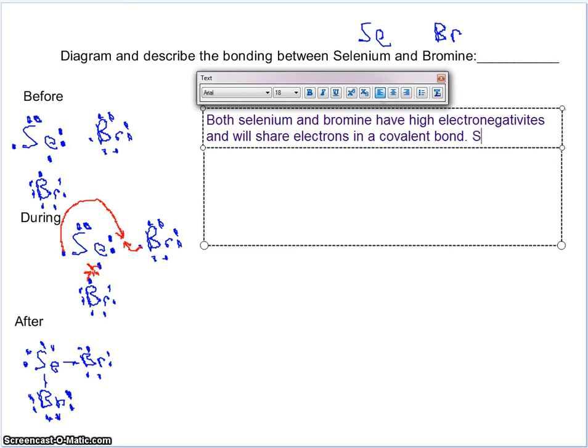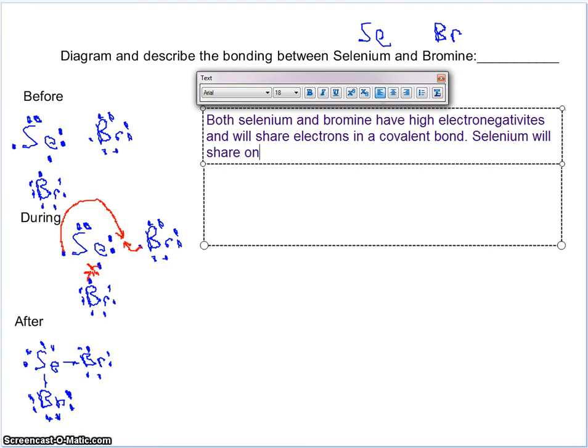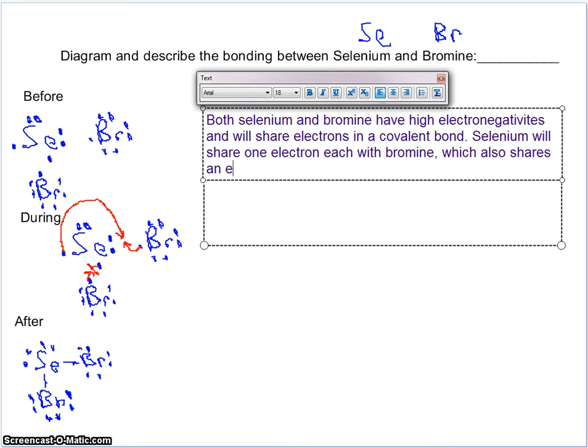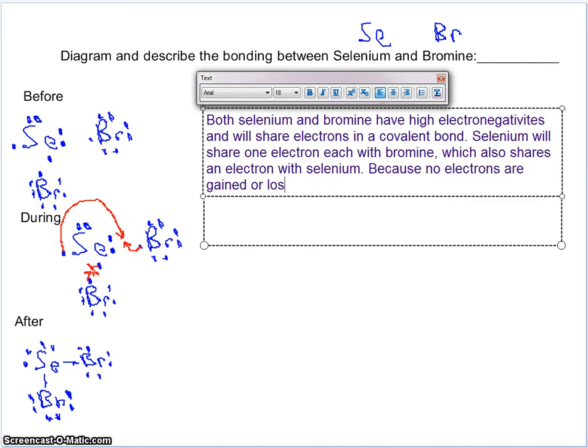We can say selenium will share 1 electron each with bromine, which also shares an electron with selenium. And we need to talk about the ions, right? Because no electrons are gained or lost, no ions are formed.